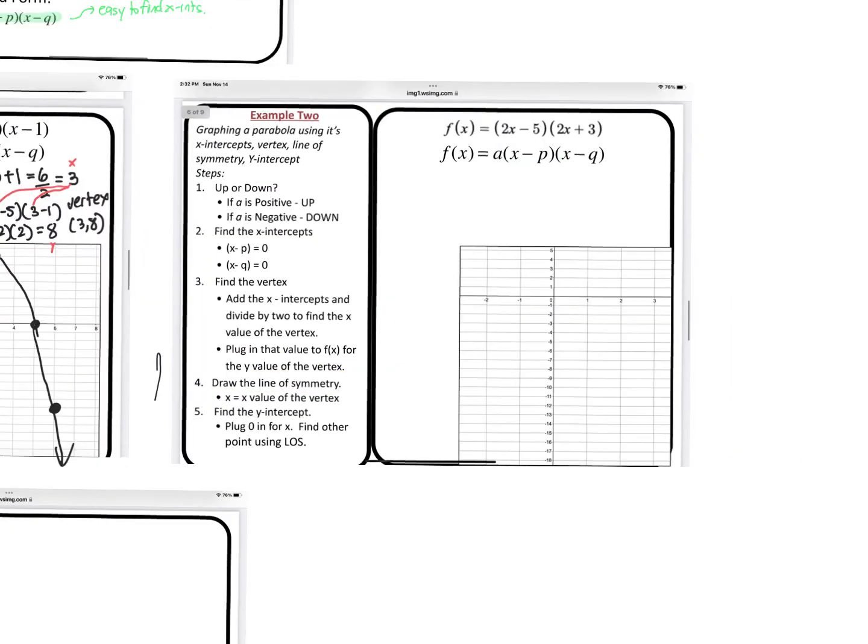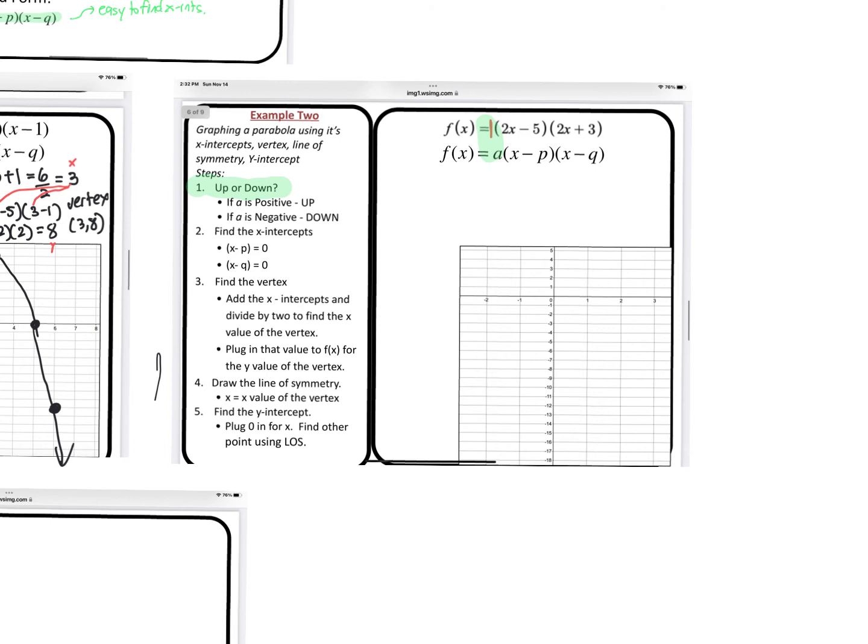All right, starting in here, we notice first thing is that we have this business of finding up or down again. And so if we're going to go find up or down, in this case, we have no numeric value, again, numeric, not variable, in front of the parentheses. And so therefore, I'm going to call that 1, much like we have in other instances in the past.